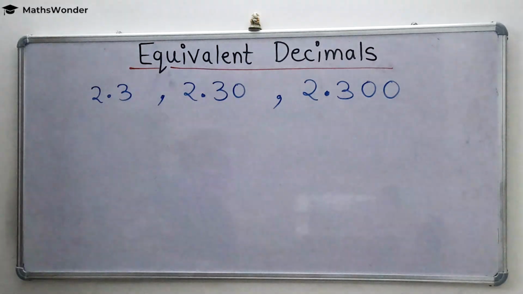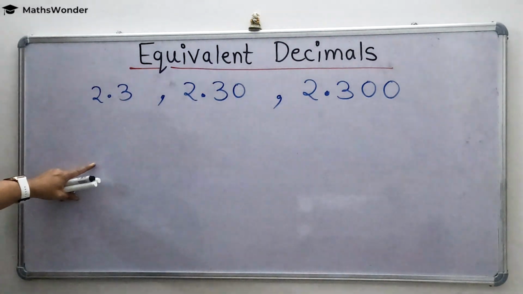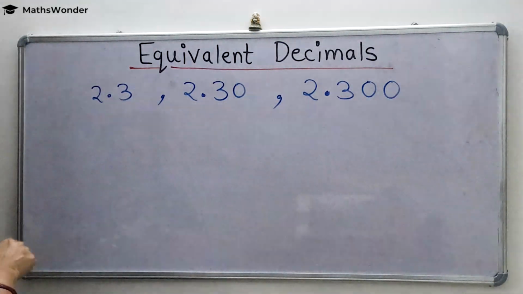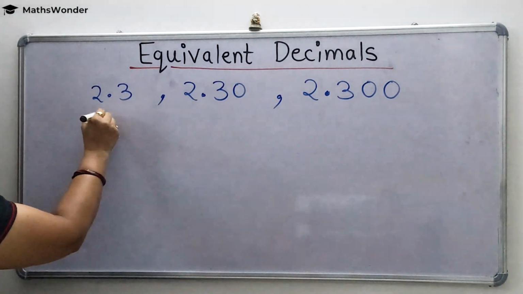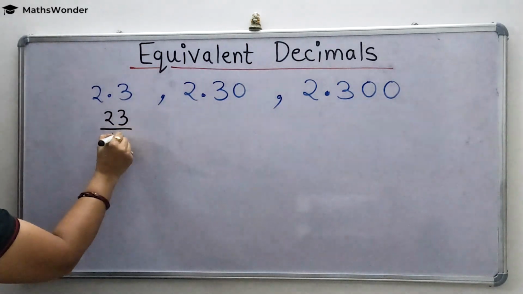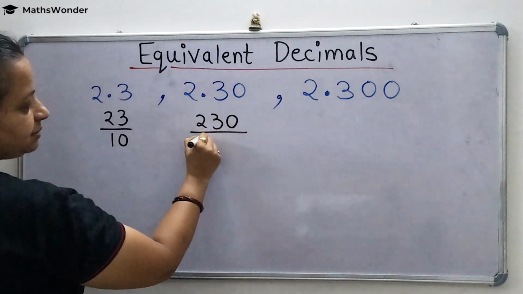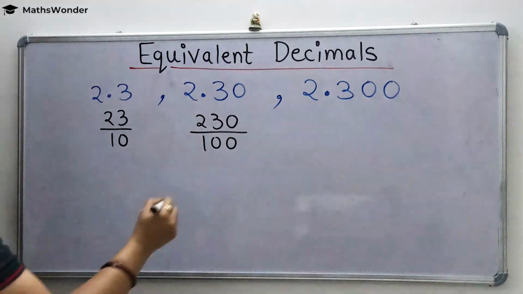The value is also the same, because they are all equal to the fraction. How? When you convert these numbers into fractions, you get 23/10. Converting into the fraction is like this.